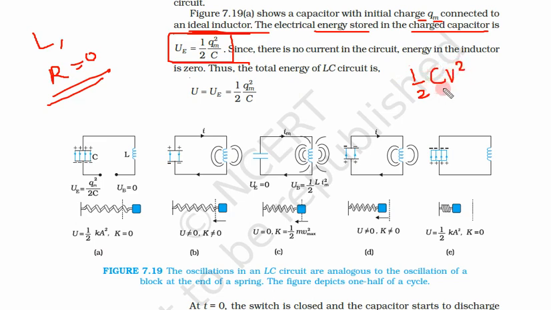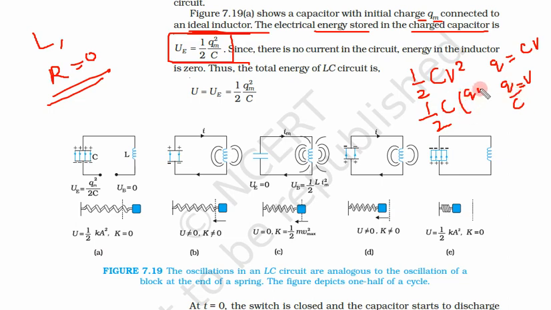Let us put the value of V from the equation Q is equal to CV, so V is equal to Q by C. Putting this in half CV square, we get half C times Q by C square.